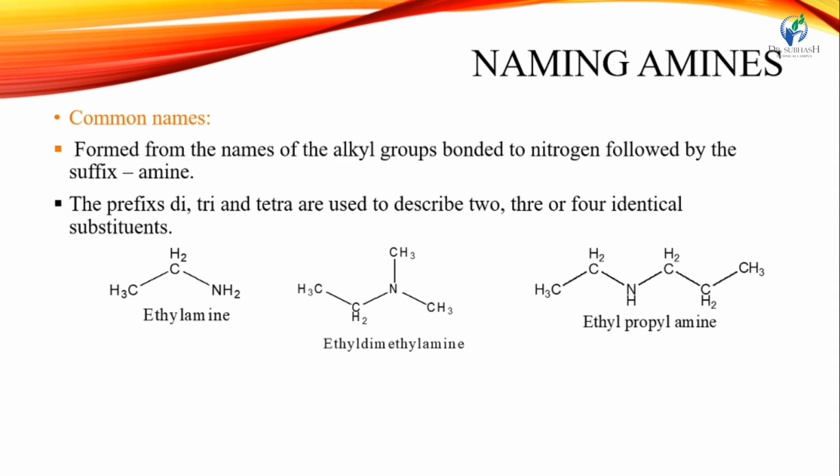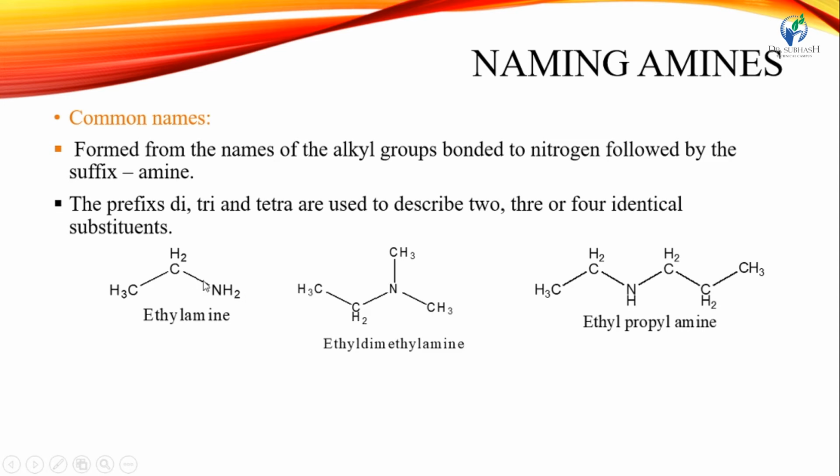These are all examples of the common naming system rules. The first one is ethylamine, the second one is ethyl dimethylamine, and the third one is ethyl propyl amine. This is a secondary amine structure, this is a tertiary amine structure, and this is a primary amine structure.